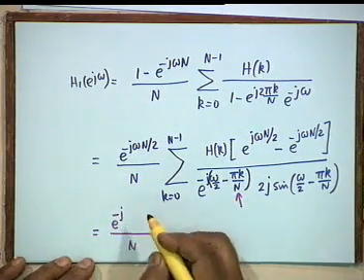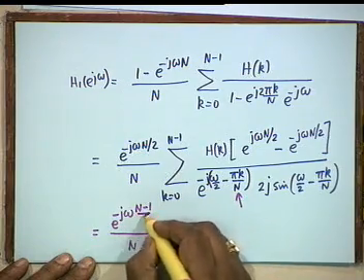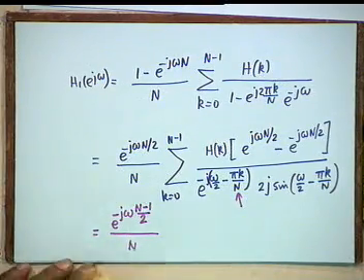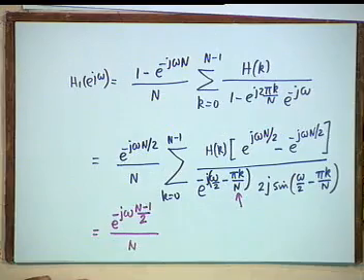And then what do I get? I get the familiar expression e to the minus j omega capital N minus 1 by 2. I asked for a linear phase, therefore the phase term must come out. The rest of it must be real.